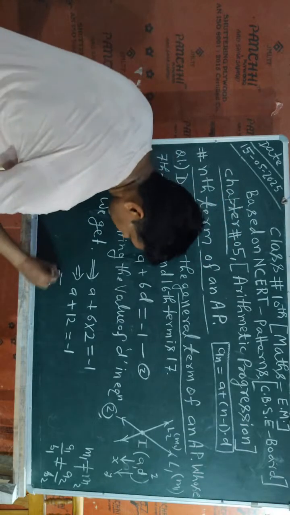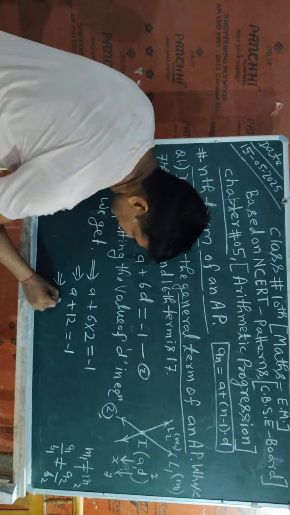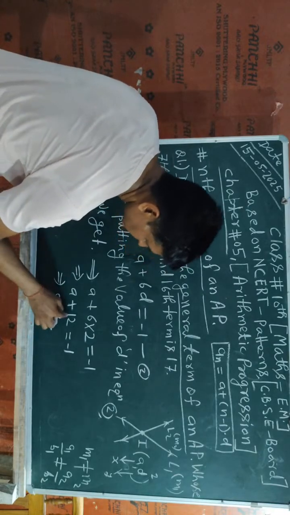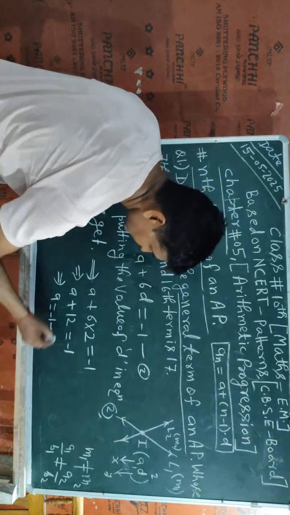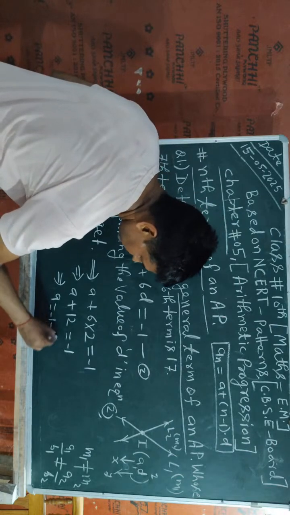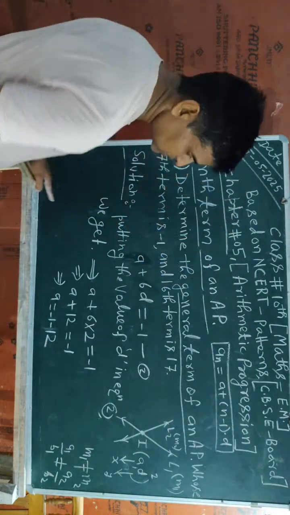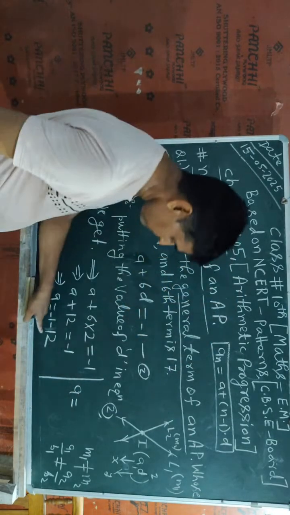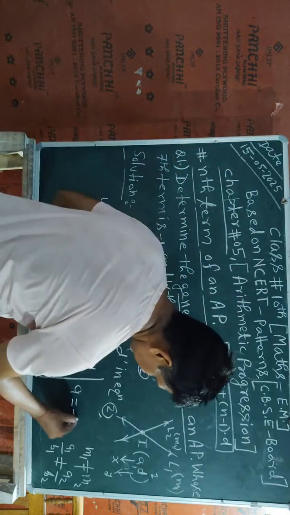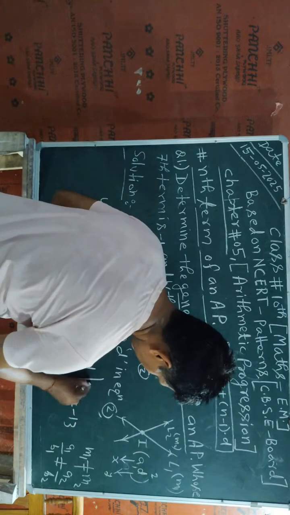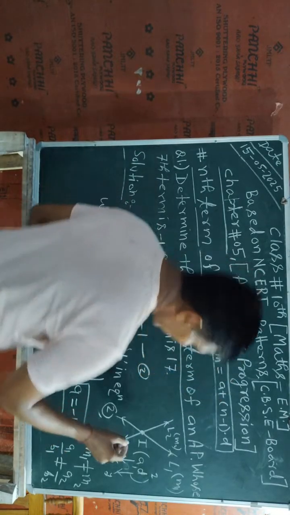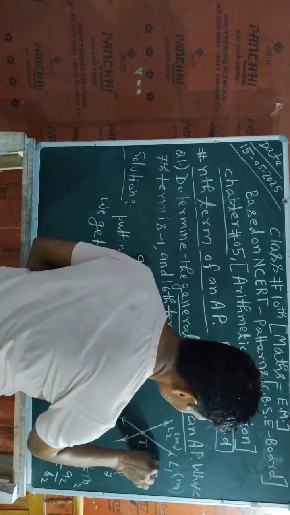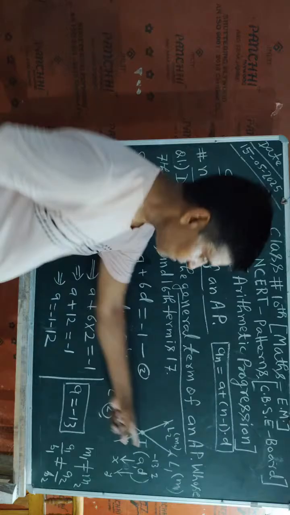After it I will simplify, implying that A is equal to minus 1, and this plus 12 will go to the right hand side and change its sign, that will be minus 12. So after simplification I can say that A is equal to minus 12 minus 1, that will be minus 13. So the value of A I have obtained here is minus 13. The value of A I am also saving here.